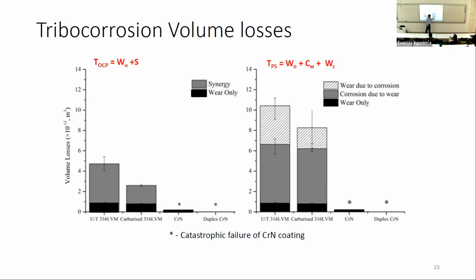The coatings displayed much less loss if you measure the total loss by the profilometer, but still these coatings were failing catastrophically. So basically these treatments on 316, I would say, were not very promising at all.